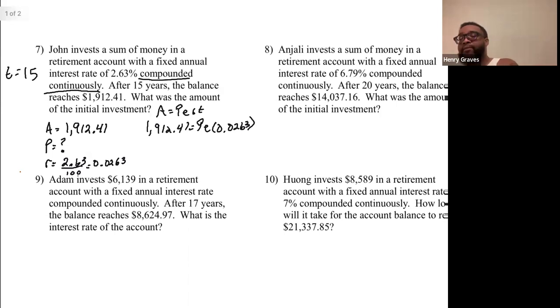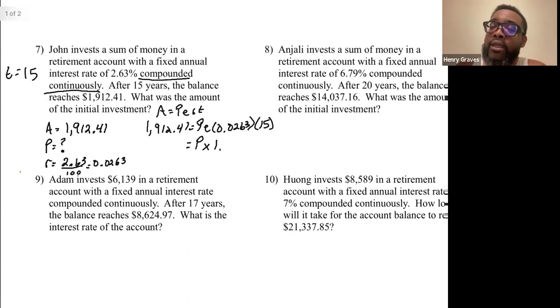So let's see what I get. e to the 0.0263 times 15 gives me 1.07236. So P times 1.07236 equals 1,912.41.